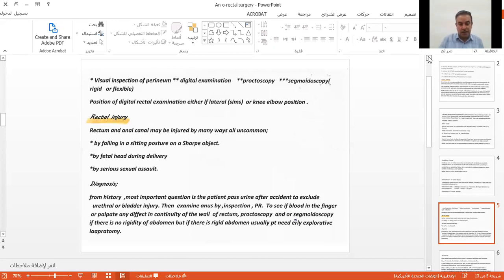Then examine the anus by inspection and per rectal examination, to see if there is blood on the finger or palpate any defect in the continuity of the wall of the rectum. Proctoscopy and or sigmoidoscopy. If there is no rigidity of the abdomen; but if there is a rigid abdomen, usually patients need early exploratory laparotomy.